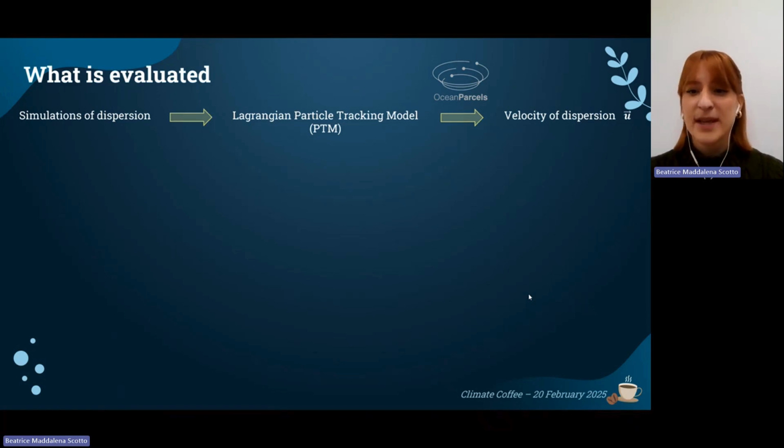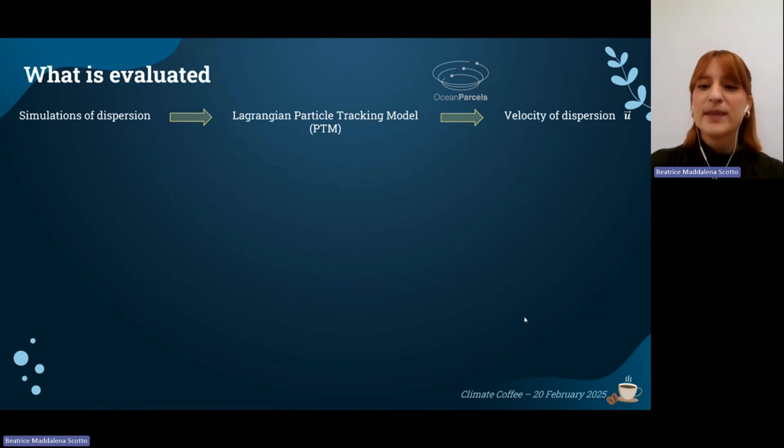And how it works, basically, is that you have a certain amount of particles that are considered without mass, and you can select, for example, the number of particles, the size of the particles, and where you want to release them. You can even select a point release or a continuous release, depending on your needs, of course.